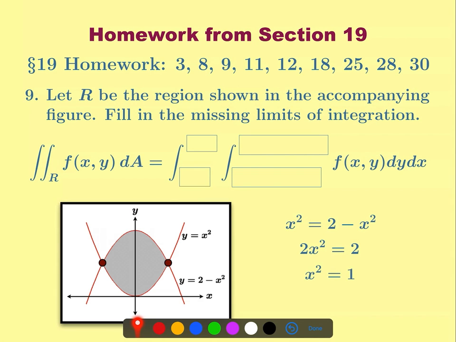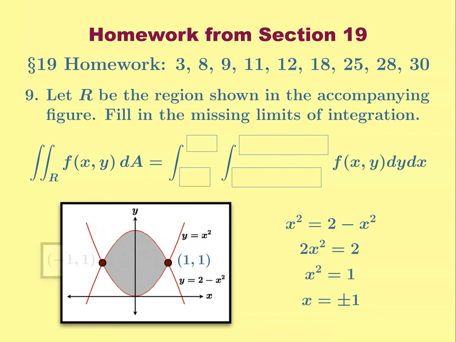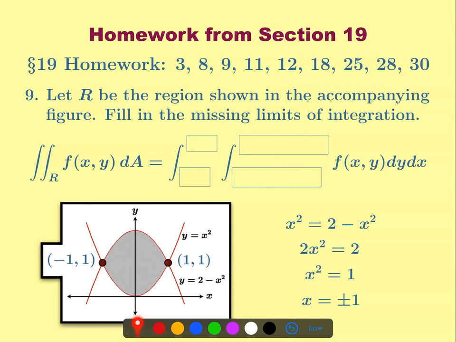Dividing by 2, we get x squared equals 1, and then x equals plus or minus 1. When x equals plus or minus 1, y is equal to 1. So we get 2 points, 1, 1, and this other point, minus 1, 1.